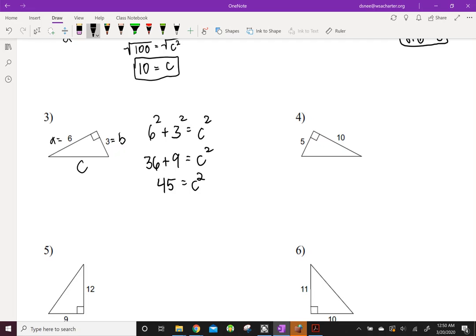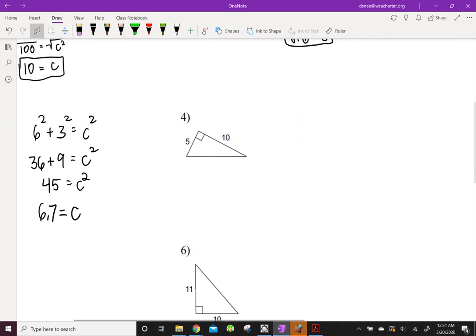And then the square root of 45 is 6.70. So 6.7 equal to C. Alright, and we can just take that answer, push the up arrow and push the 2, square that back, press enter, and we get back to 45. So let's move on and try another one.